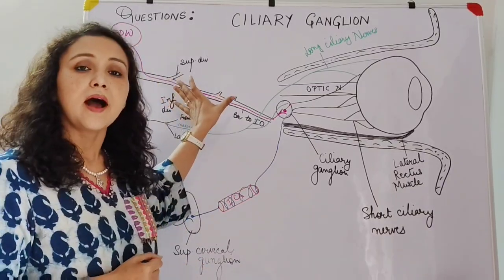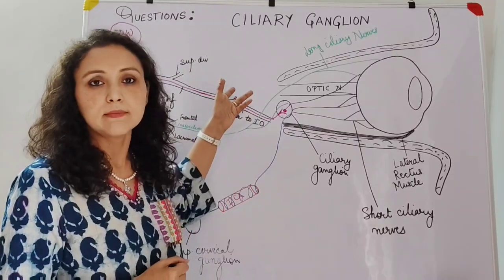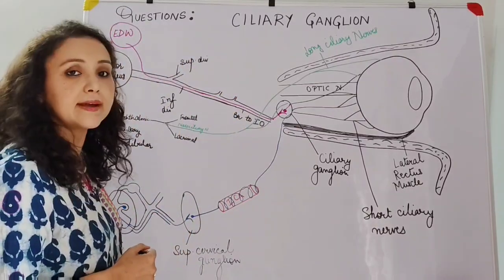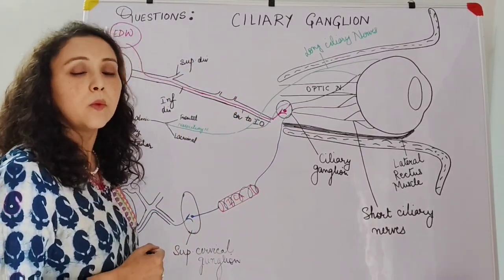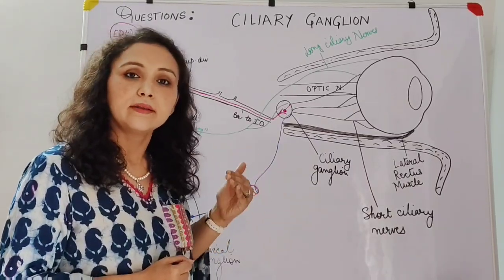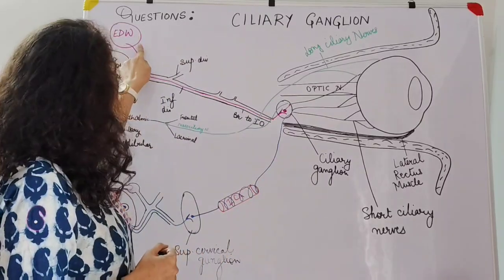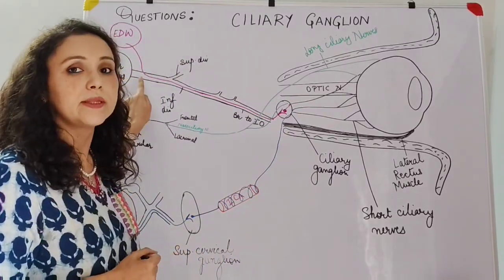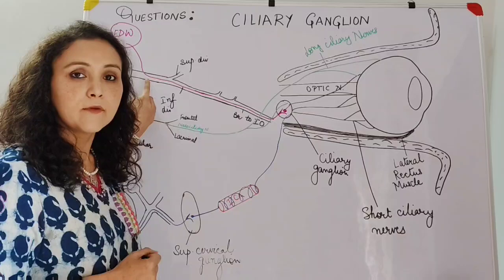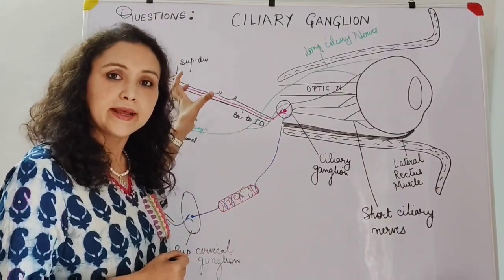Or from where are the preganglionic fibers arising? So the answer is very simple. The parasympathetic nucleus is Edinger-Westphal nucleus. Where is it? It is there in the midbrain, because you have the third and the fourth nucleus in the midbrain. And Edinger-Westphal nucleus is closely associated with the oculomotor nucleus, forming the oculomotor nuclear complex in the midbrain.